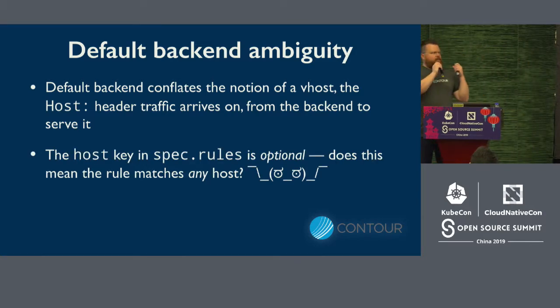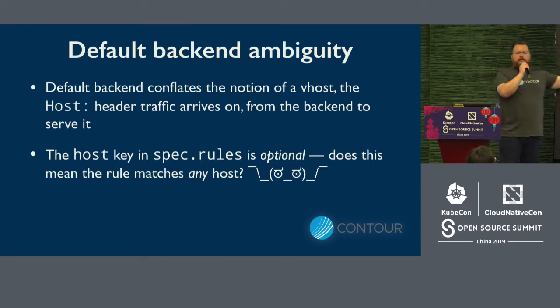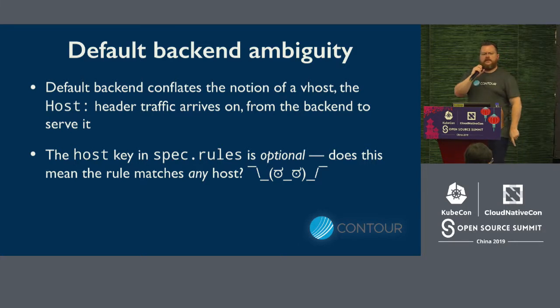It gets kind of weirder. Each rule has a host key, but that host key is optional. So does that mean that this rule matches the traffic arriving on any virtual host? It's kind of weird. Ingress ceases to be about these are the routes within a virtual host and becomes these are just a pool of routes.